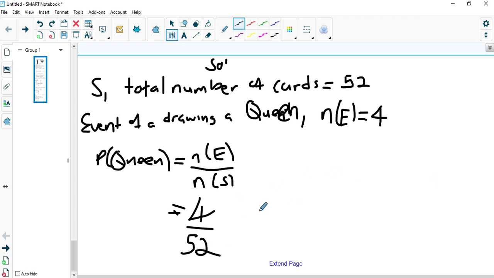If you simplify this, you are going to see that the probability of getting a queen should be equal to, now mathematically you can simplify that fraction, because 4 can go into 4 and 4 can go into 52. 4 into 4 goes 1 and 4 into 52 goes 13 times.